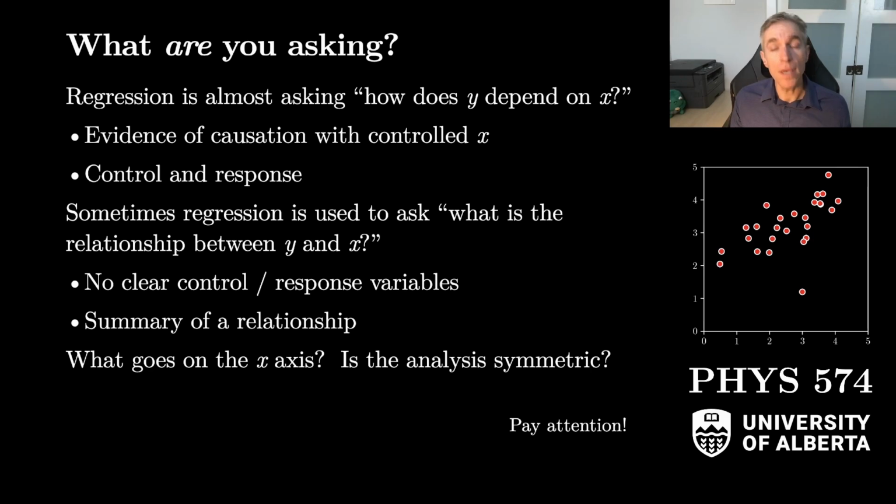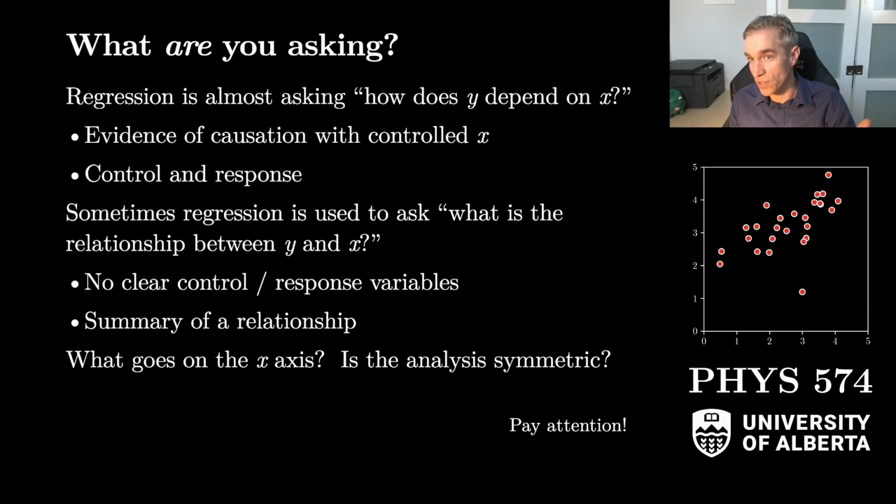But sometimes people want to use the ideas of regression to ask, what is the relationship between Y and X? I don't actually have a clear control and response between those two things. How then do we describe that relationship? It's just trying to summarize, and we don't know what is the controlled or responding variable, or even if there is a third control variable that isn't even being studied, and we're just exploring two response variables. So what you need to do then is think about what goes on the x-axis. Is this analysis symmetric?